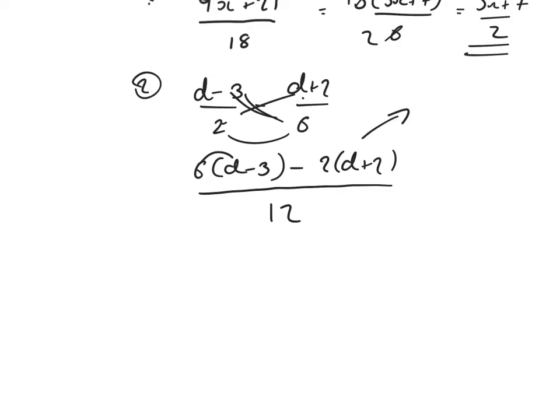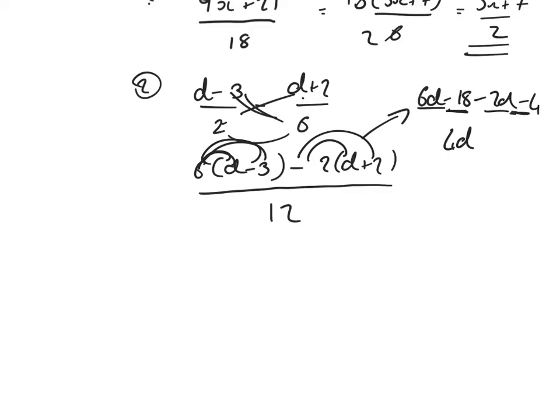Okay, so 6d minus 18, so that's 6 times d and 6 times 3, minus 2d minus 4. 6d take away 2d is 4d. Be careful, we've got minus 18 and then we're travelling down 4. That brings us down to 4d minus 22.